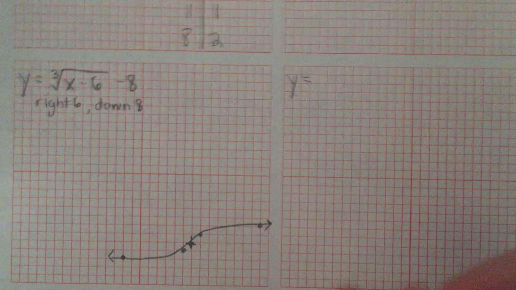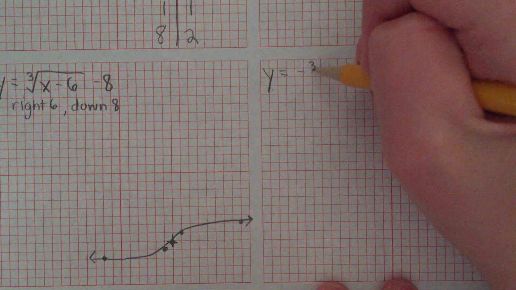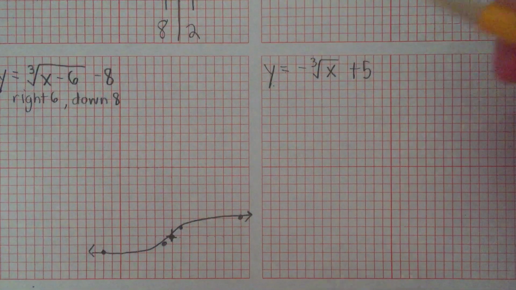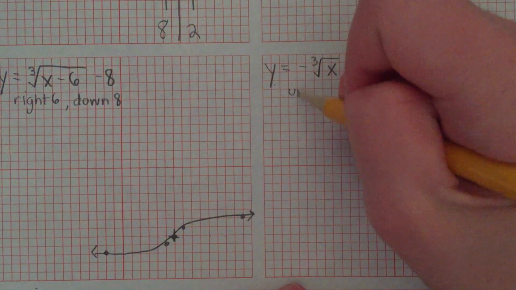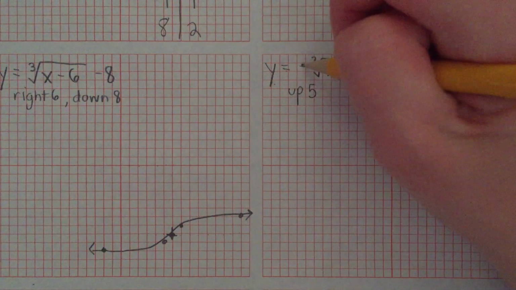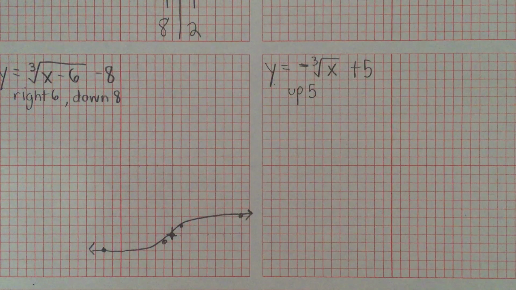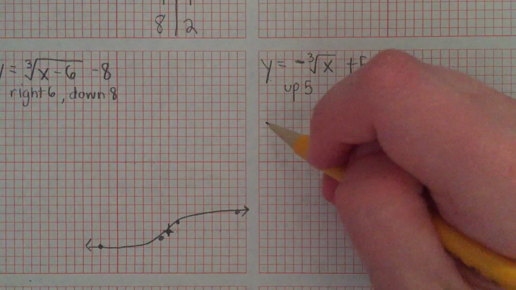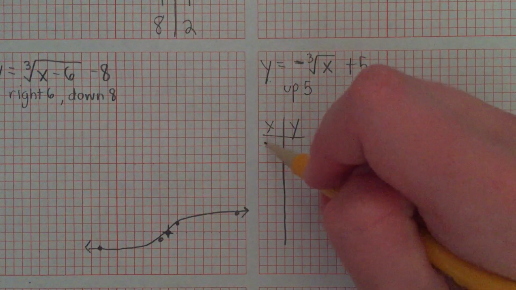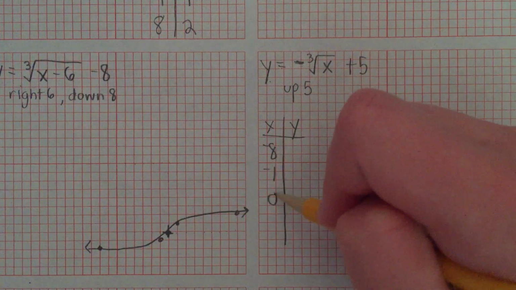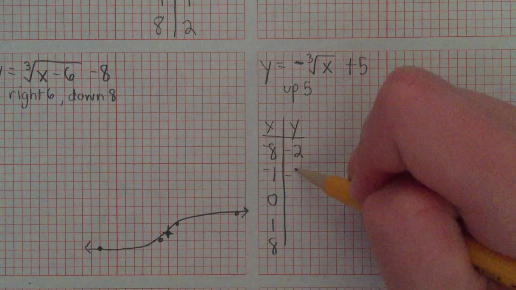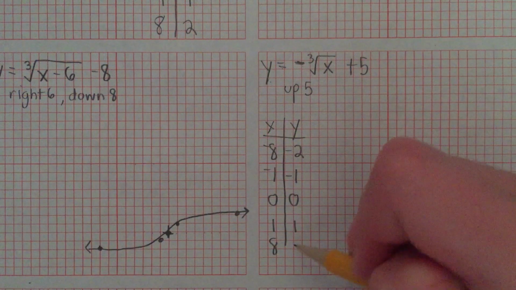Now similarly, if you have something like y equals negative cube root of x and then plus 5, that plus 5 shifts it up 5. That negative in front, it's hard to see, but the negative in front makes it reflect. So you're going to take your original x and y values, -8, -1, 0, 1, and 8, and -2, -1, 0, 1, and 2.